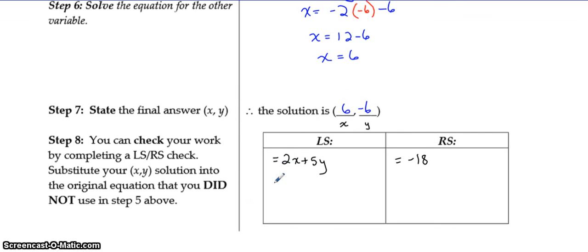So substitute the point in. 2 times 6 plus 5 times negative 6. That's 2 times 6 is 12. 5 times negative 6 is negative 30. 12 minus 30 is negative 18. And since your left side equals right side, you know that your answer is correct.